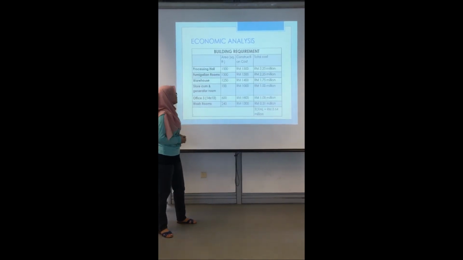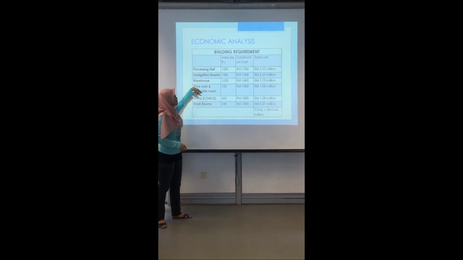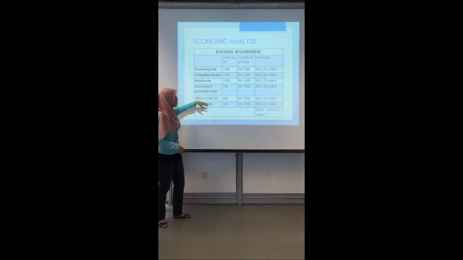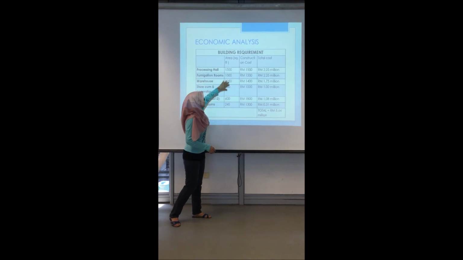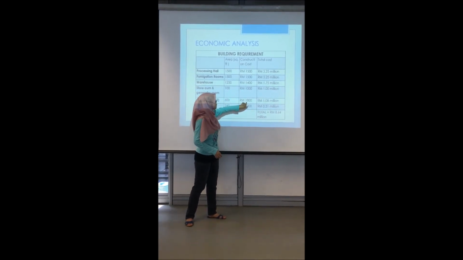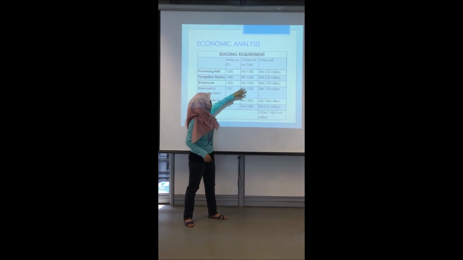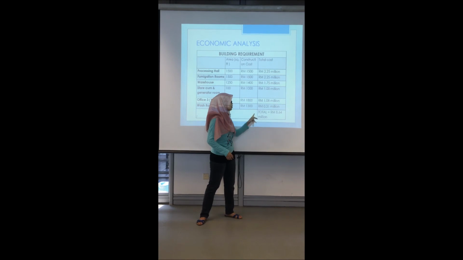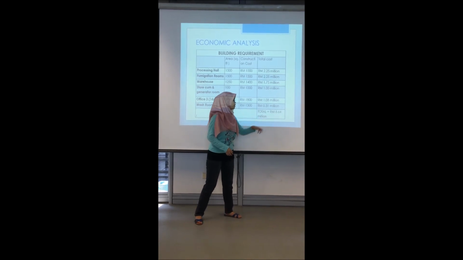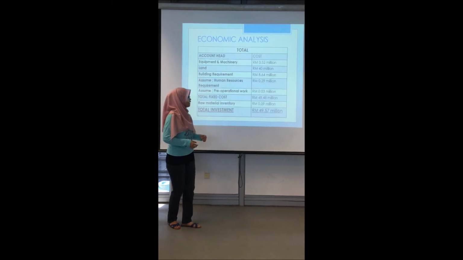For the building requirement, I just assume a basic building. After I total up, this is in square feet, and 1 square foot equals this construction cost. So the total for the building is 8.64 million.